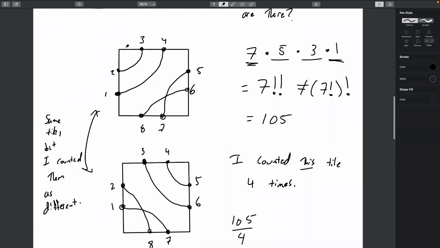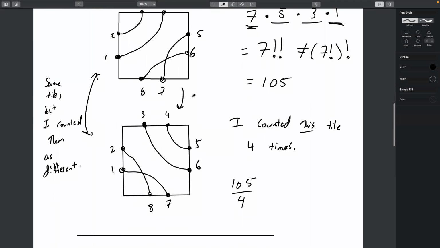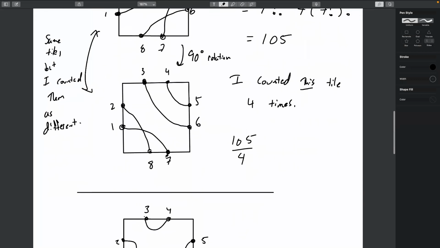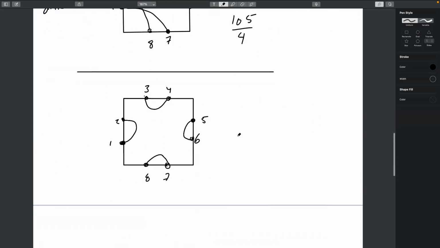Well, this tile wasn't symmetric at all. So when I rotated it, this was a 90-degree rotation, I got a different one of these things that I counted, right? But when I rotate this guy 90 degrees, I'm getting the same one. I've already counted it, right? So this guy's only got counted once.